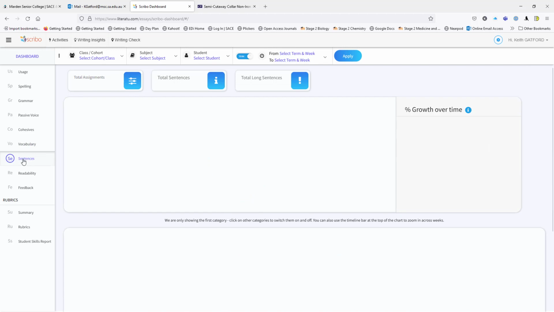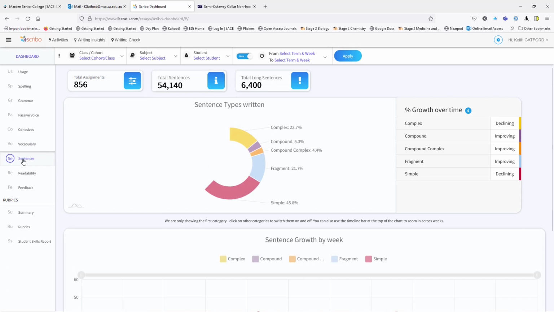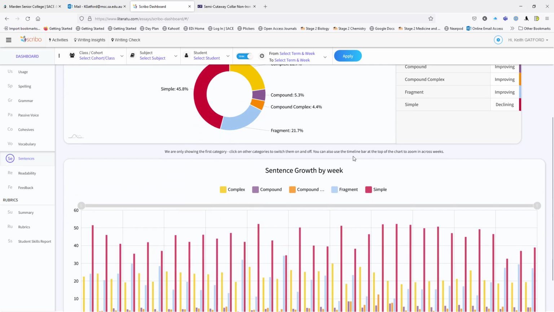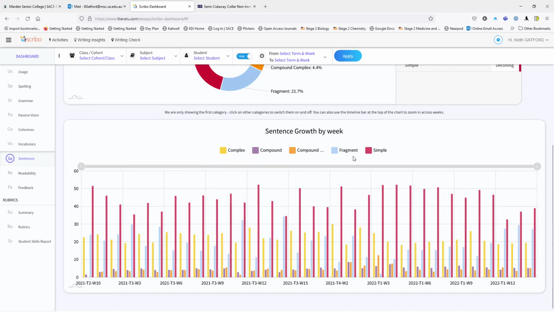We can analyse our sentences. See that there are a range of sentence types. For me, the big one that I look for is sentence fragments. And sure enough, in the last few weeks, we've had a bit of an uptick in sentence fragments as more students have been using it.